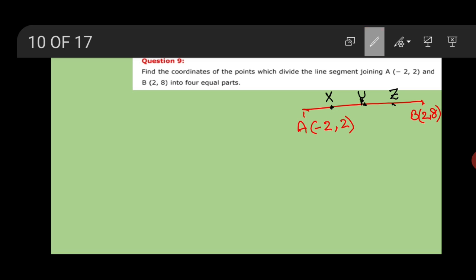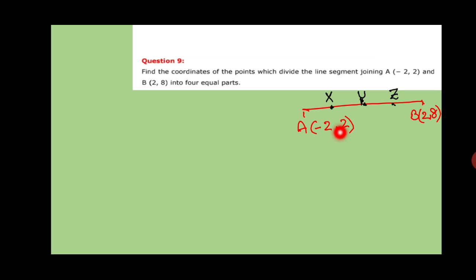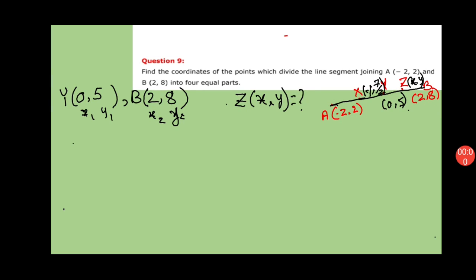How can you find the coordinates of x, y and z? Now as you know, y is the midpoint of AB, then we can easily find the coordinates of y by the help of the midpoint formula.